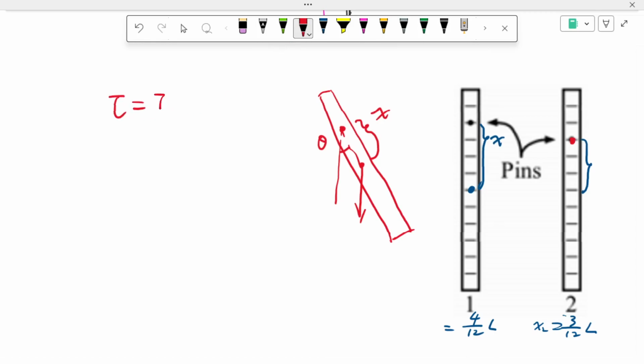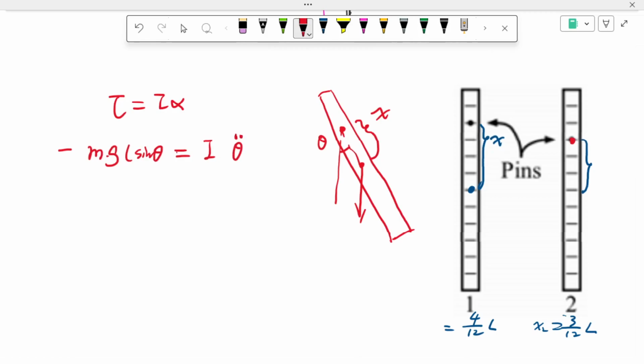According to tau equals I alpha, what do we have? The only torque here would be the torque provided by gravity, which is mg x sine theta, right? And again, this is clockwise, so we have a negative sign. And here we have I theta double dot.